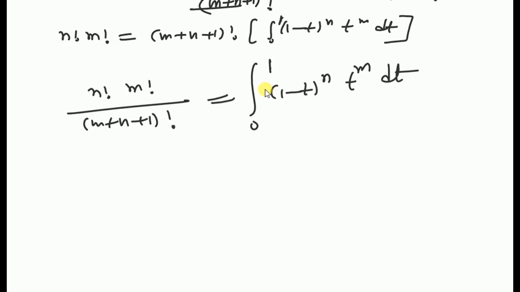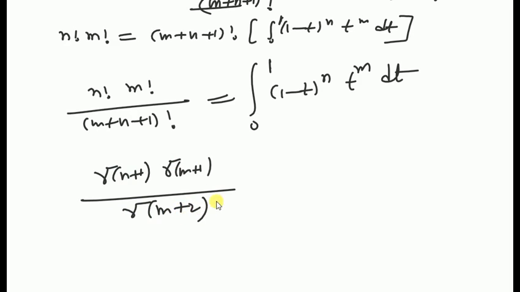So this can be written as gamma n plus 1, gamma m plus 1 divided by gamma m plus n plus 2. This is simply the beta function with m replaced with m plus 1 and n replaced with n plus 1, because here we are supposed to have n minus 1 and m minus 1, but we have plus 1.